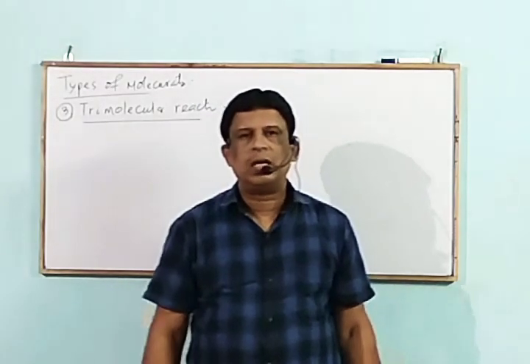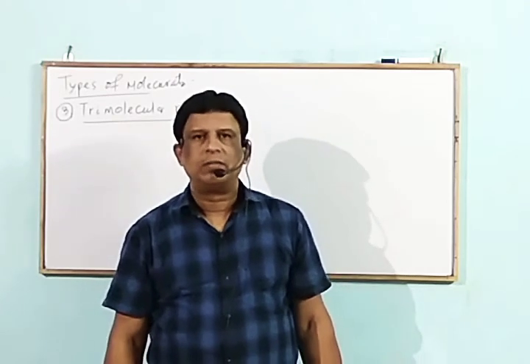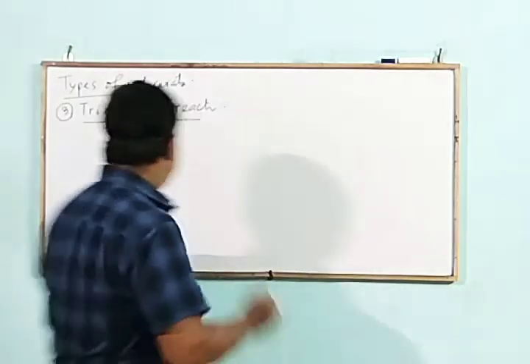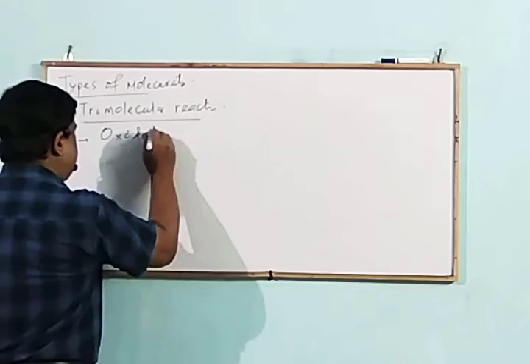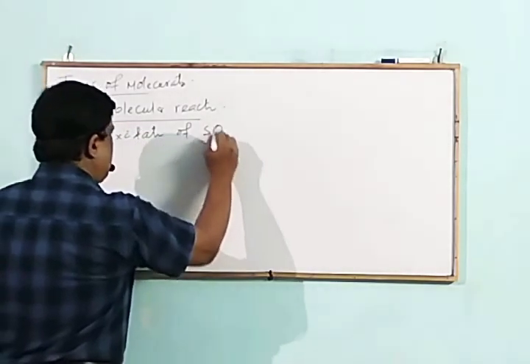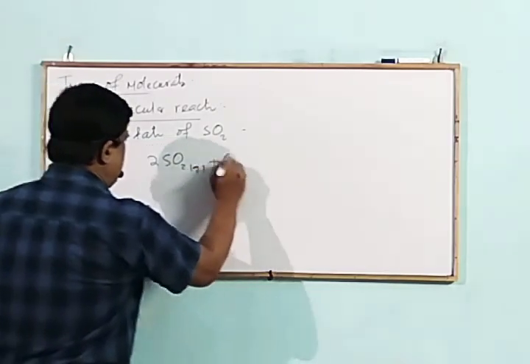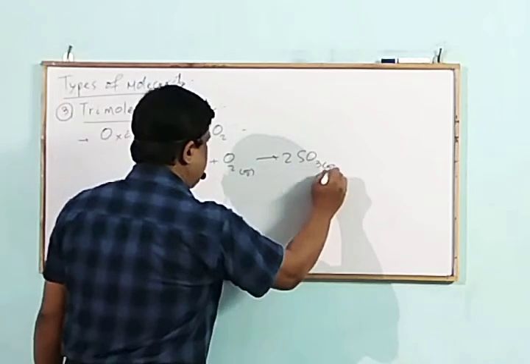Suitable examples are oxidation of sulfur dioxide, oxidation of nitric oxide. Oxidation of sulfur dioxide, that is 2SO2 plus O2 gives 2SO3.